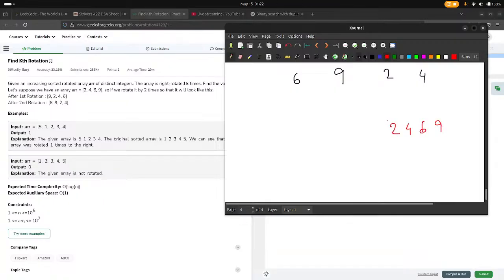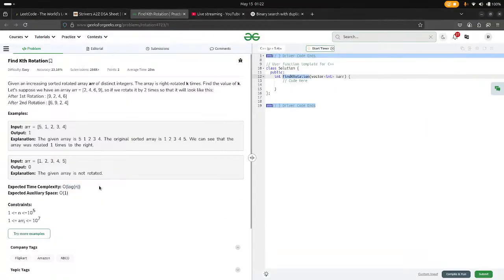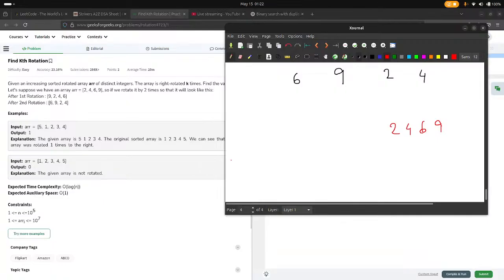So to find an algorithm that can do it, the time complexity is O(log n), but let me think about a brute force solution or maybe any solution that I have to think of. All right, makes sense, right?